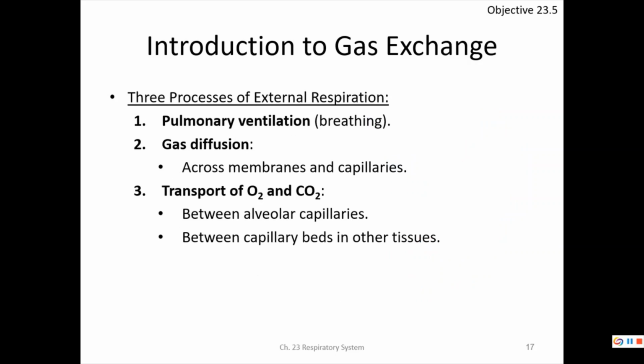Now, any gas exchange process really occurs in 3 steps. For us to do the processes of external respiration, we need 3 events. We need pulmonary ventilation, and that's breathing. So right now during COVID-19, one of the main things you do is you can put a patient who is suffering from pulmonary issues on a ventilator to help them breathe, assist in their breathing.